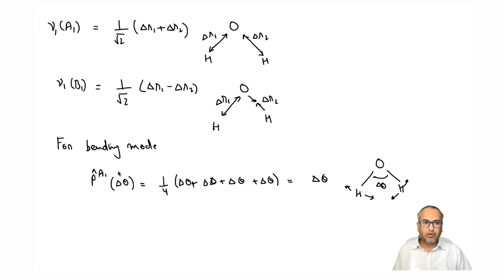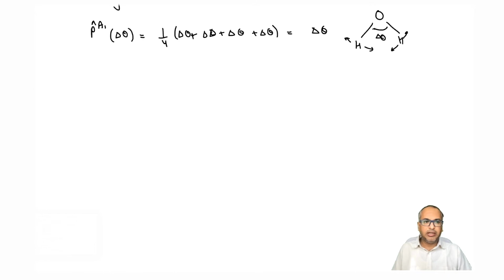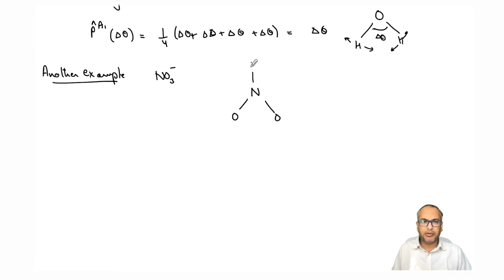Now let us consider one more example so that the procedure is clear, and then let's go to a slightly more complex example than this. Another example, let us now consider the NO3 ion. The NO3 ion looks like this, with an overall negative charge on it, right?